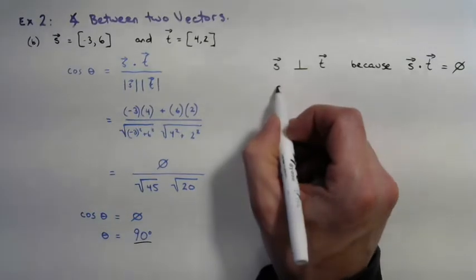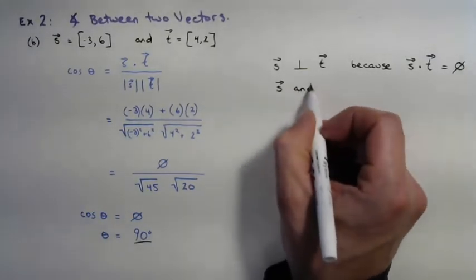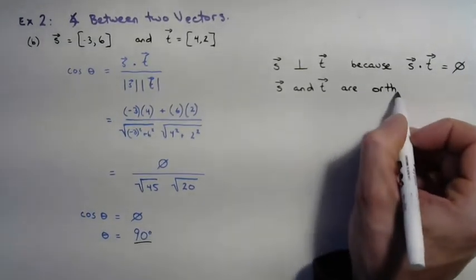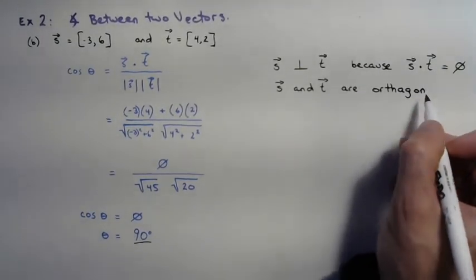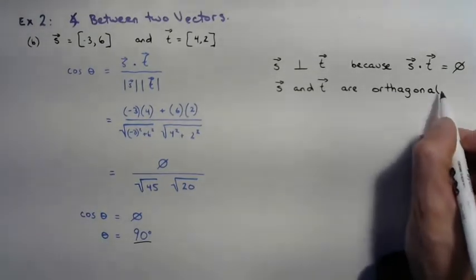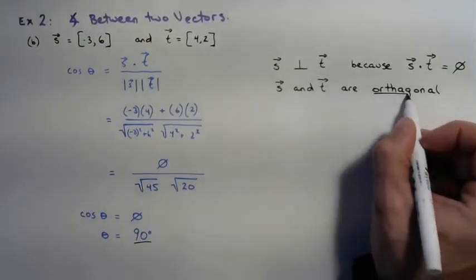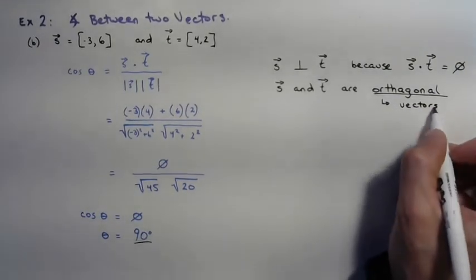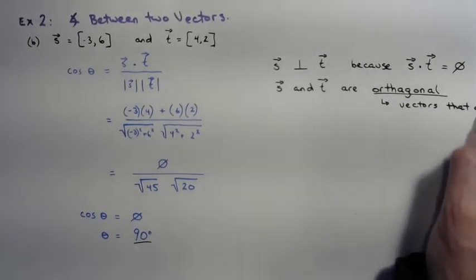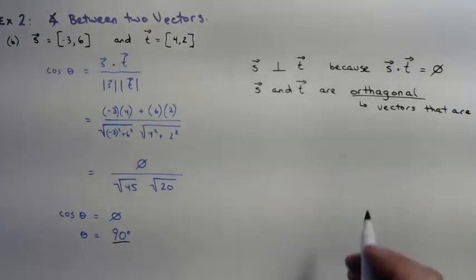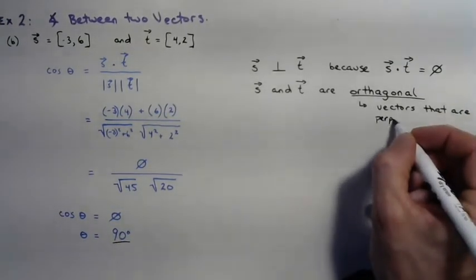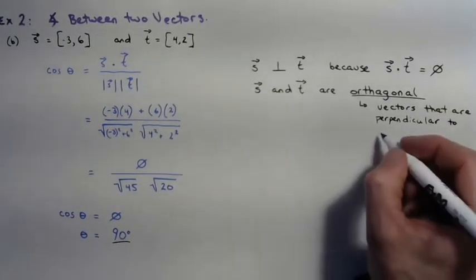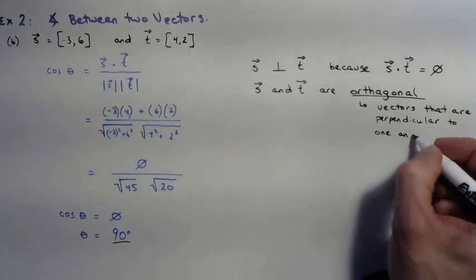So S and T are orthogonal. What does that mean? Vectors that are perpendicular to one another.